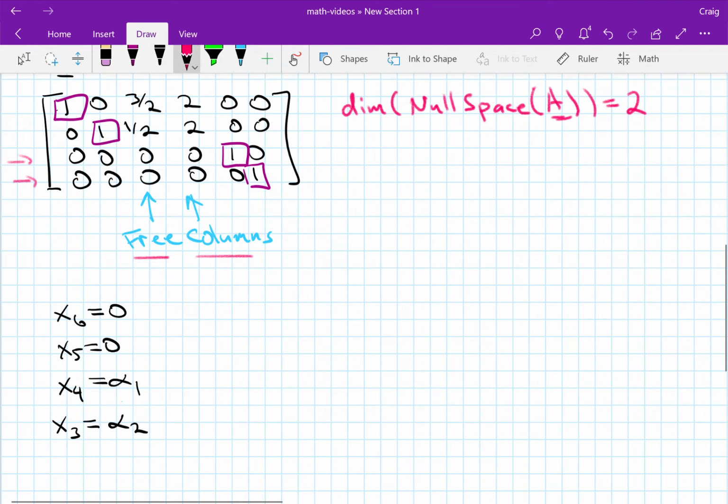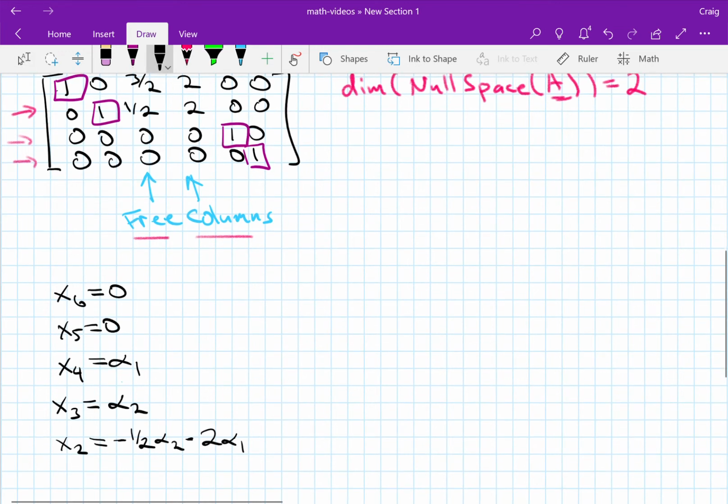Okay, and then moving on, our expression for x2 will involve both alpha1 and alpha2. So we see that x2 has to equal negative 1/2 alpha2 minus 2 times alpha1. Again, the alpha2 corresponds to this entry, and the alpha1 corresponds to this entry.